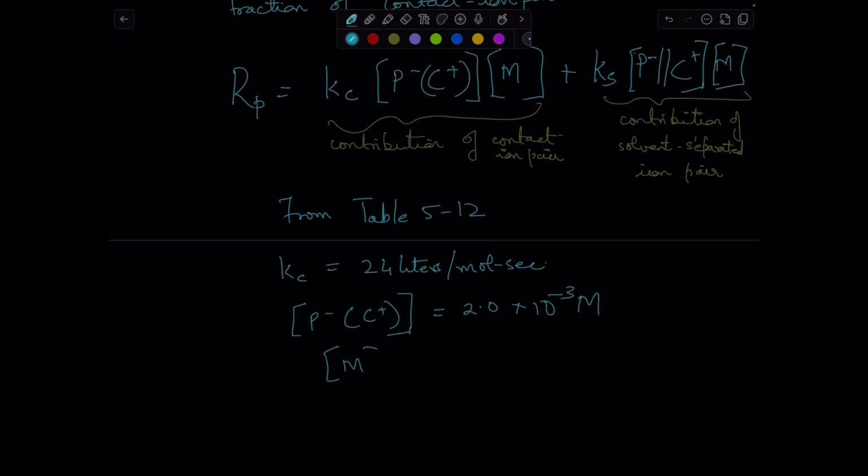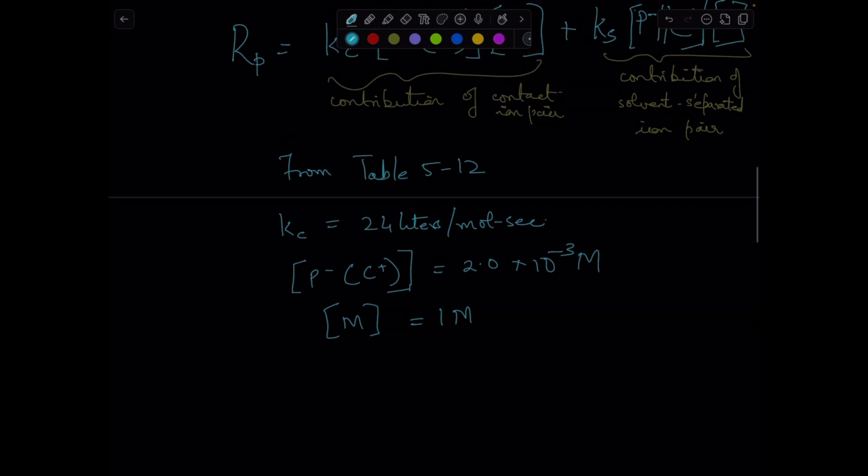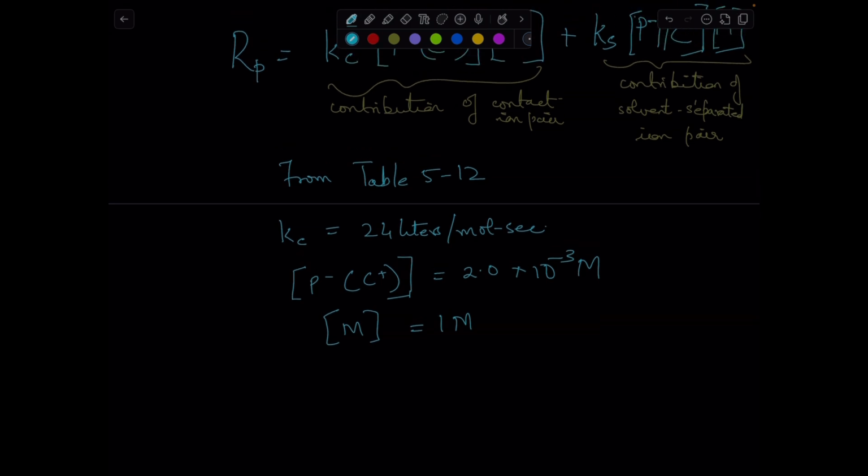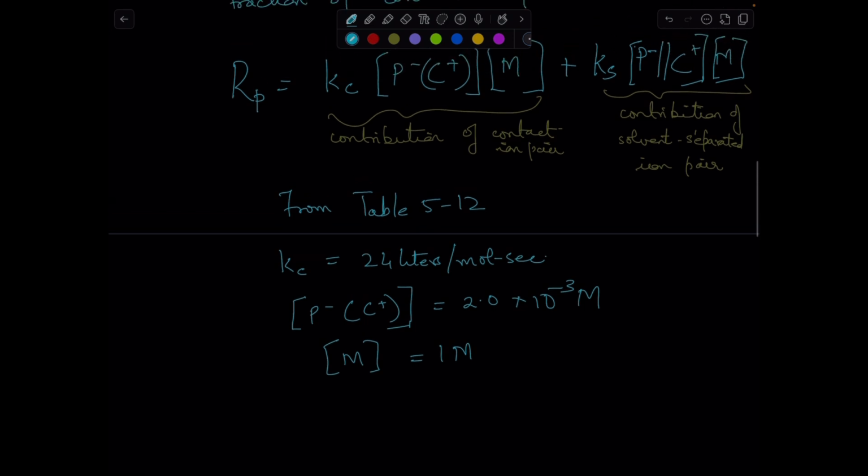Monomer concentration, styrene, is given as 1 molar. So we can calculate the contribution of contact ion pair as 24 liters per mole second times 2.0 times 10 to the negative 3 molar times 1 molar, 0.048.